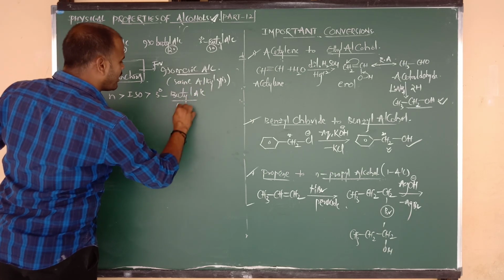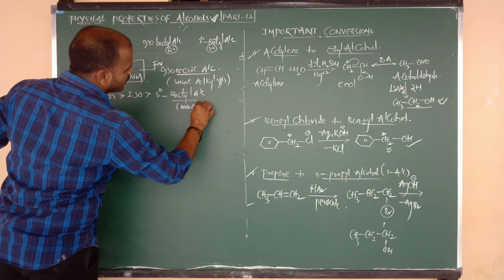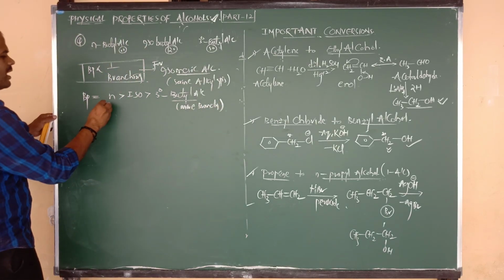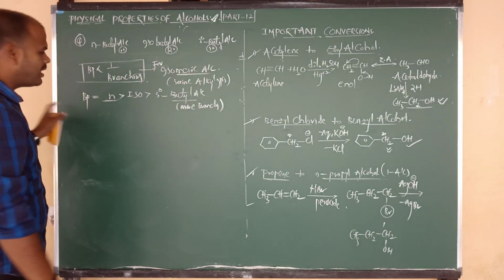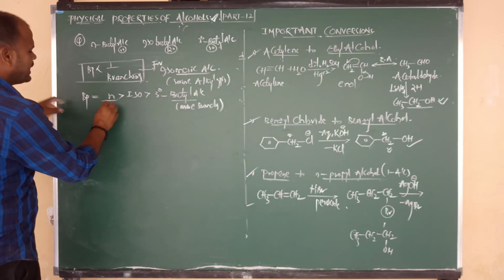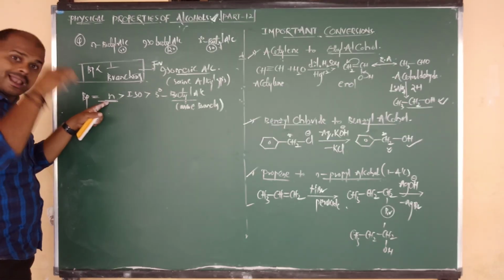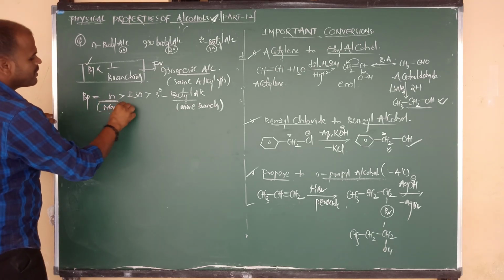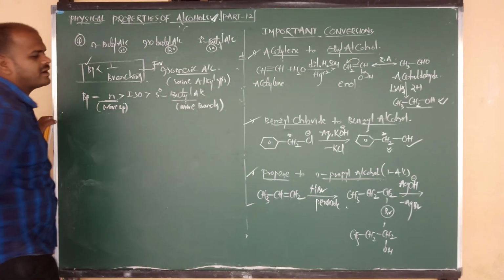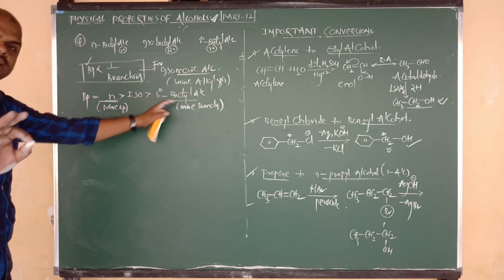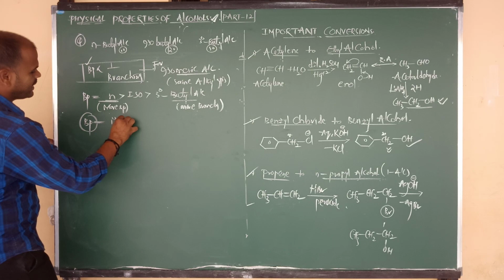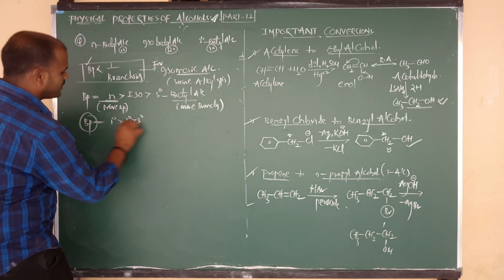Tertiary butyl alcohol has more branching, which means less boiling point. N-butyl alcohol has no branches, it is a straight chain, less branching, so more boiling point. The last one has more branching, which means less boiling point. So what is the order of boiling points of alcohol? Primary greater than secondary greater than tertiary.